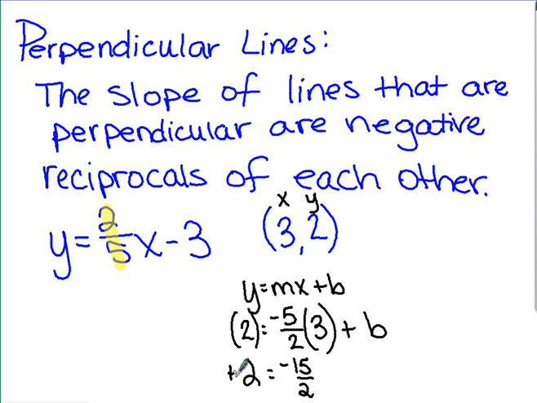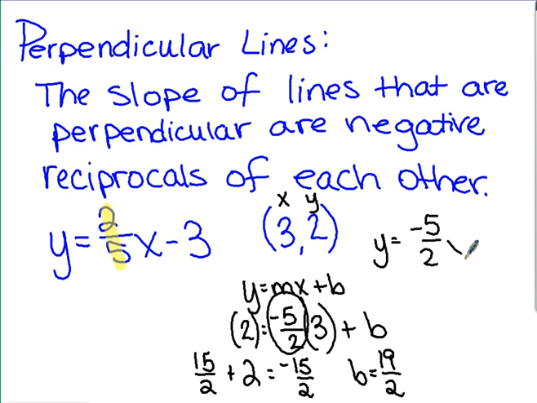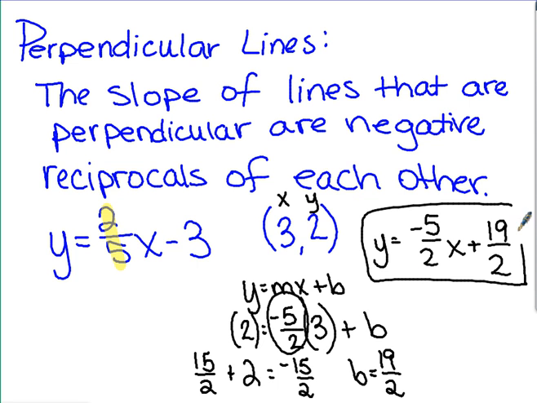We add 15/2 to both sides to find the new b. 15/2 plus 2 is 9.5, which is 19/2. So the new b is 19/2. The slope is negative 5/2. So the new line is y equals negative 5/2 x plus 19/2. And that is the new line.